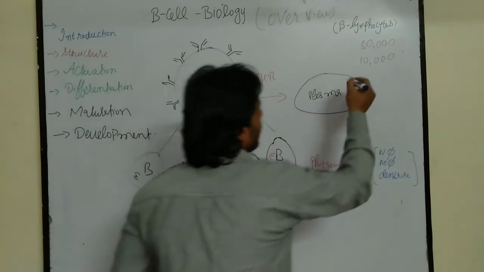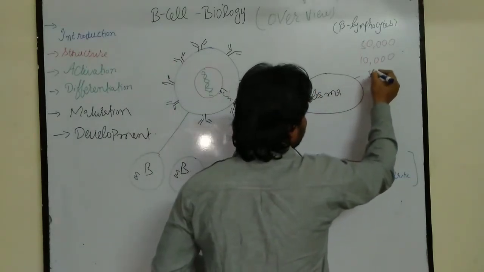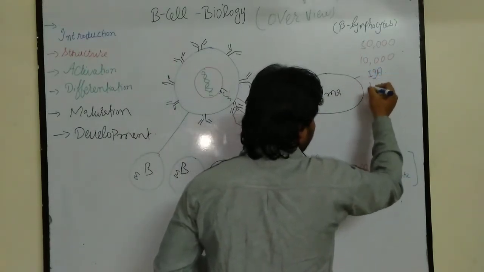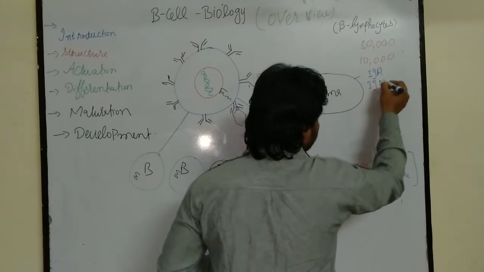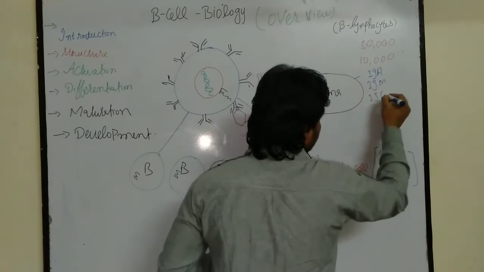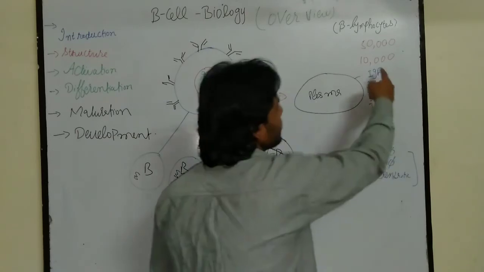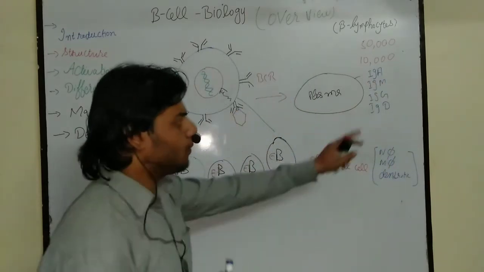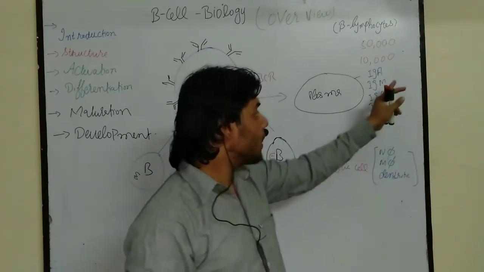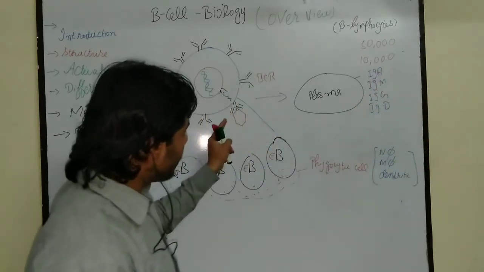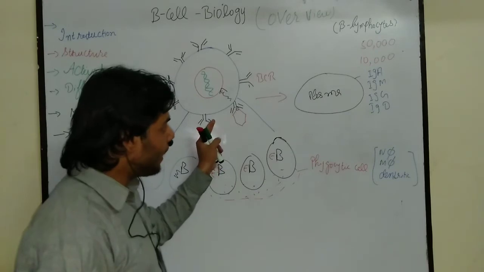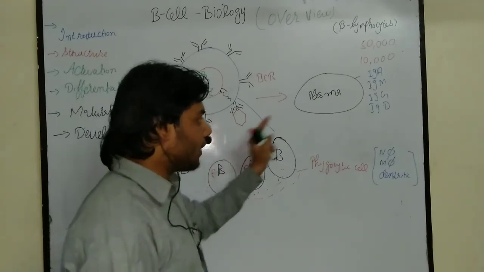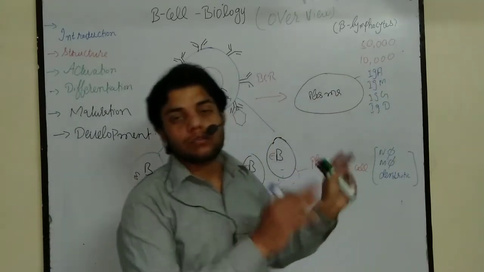So we have almost 5 types of antibody, like IgA, IgM, IgG, and so on. I forget the last antibody name, but we have almost 5 antibodies. Whatever antibody the antigen needs for the killing, this plasma cell will produce it.